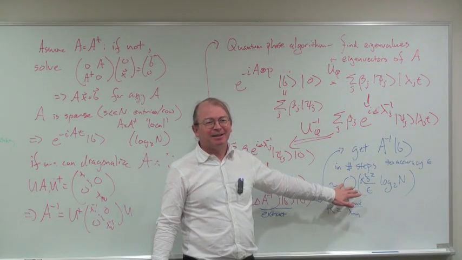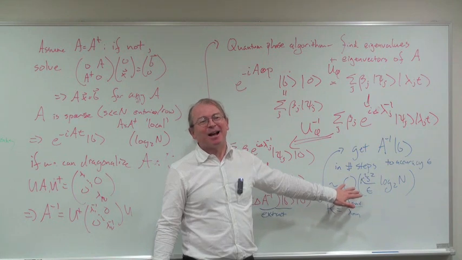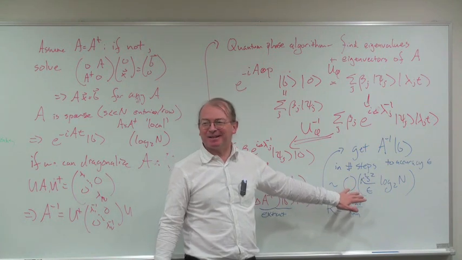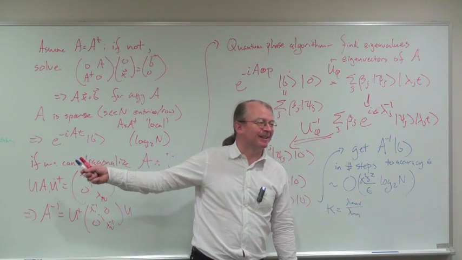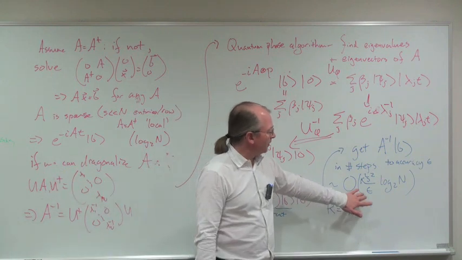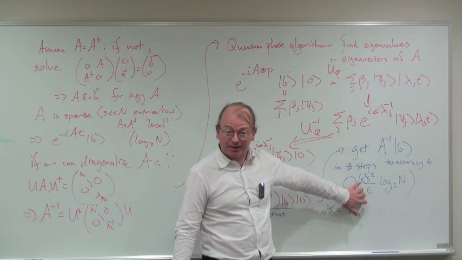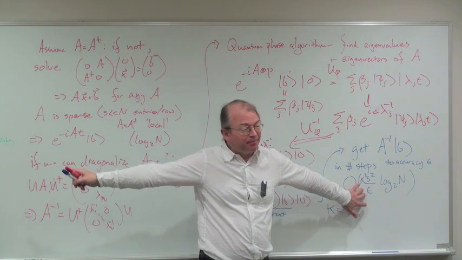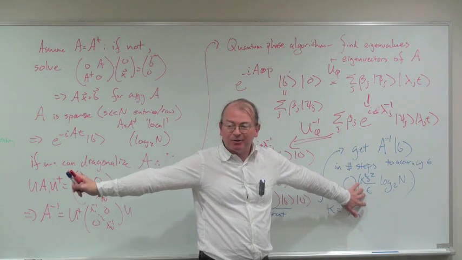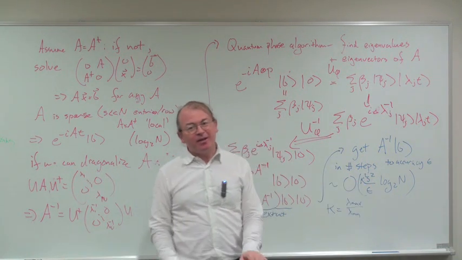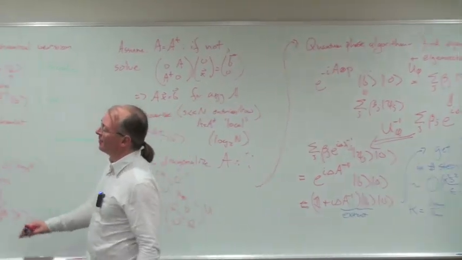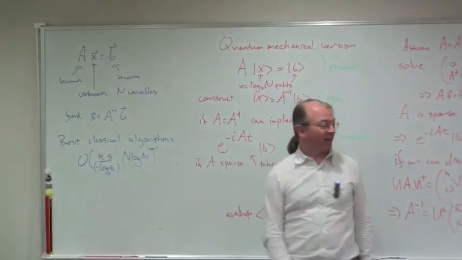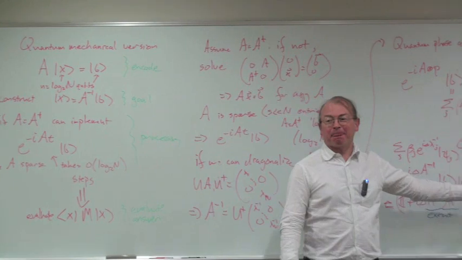Since I gave you a set of options, since I didn't actually prepare the talk individually, I don't remember offhand the exact dependence there. But I do remember, here we have a 1 over epsilon, and there we have a 1 over log epsilon. So the classical one has a better dependence on the error. On the other hand, the big thing is, this is n log n, and this is log n.